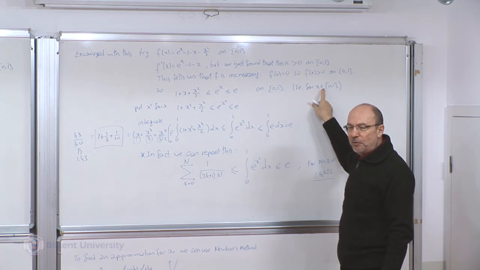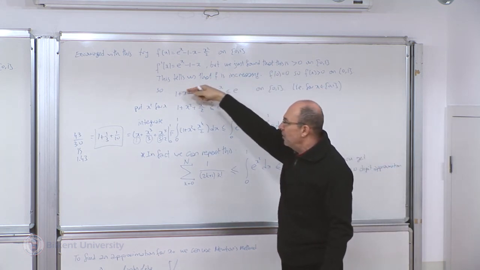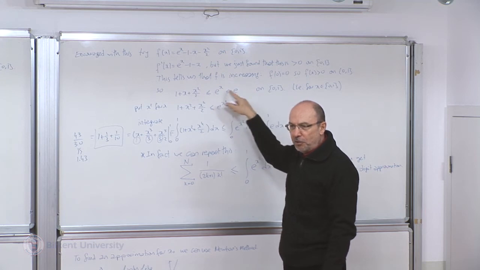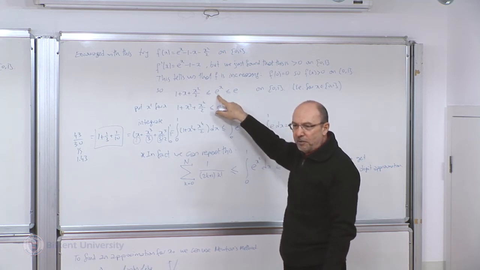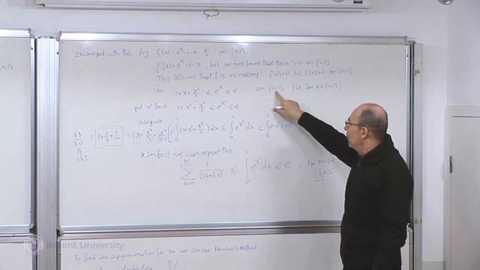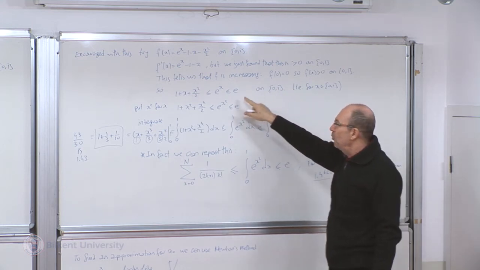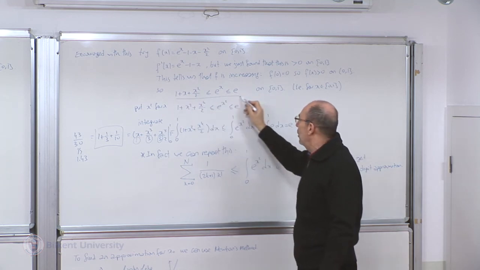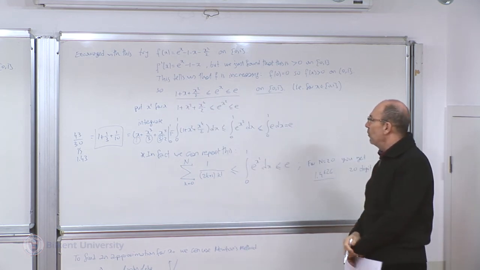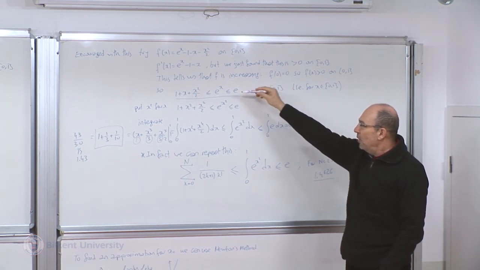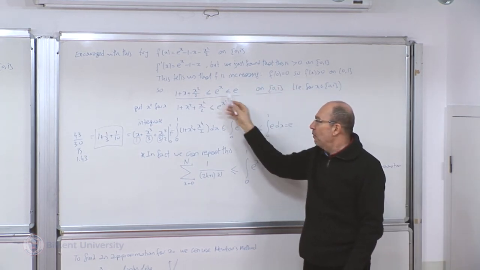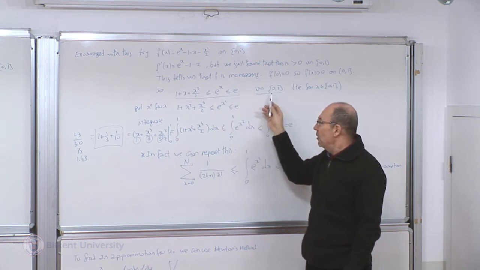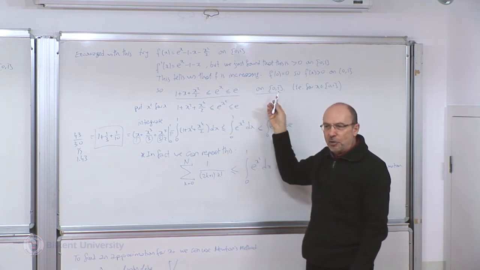For any value between 0 and 1, if I put that value here instead of x, the inequality will hold, because this inequality is a function of x. If I put 0.5, this inequality will hold. So whichever value I choose from here and put here, I get these three numbers in this order. When x is here, x squared is also here.